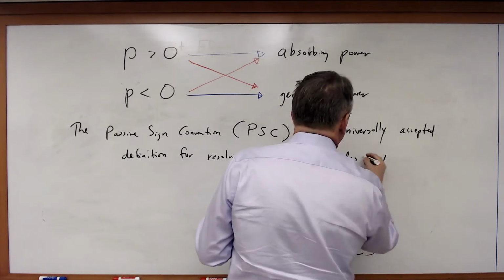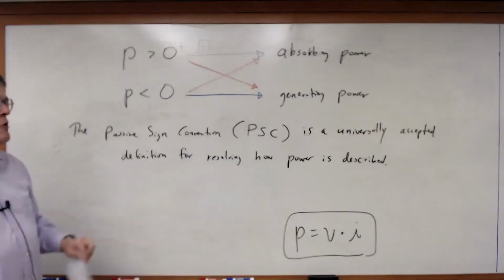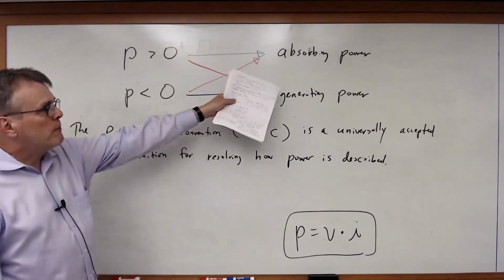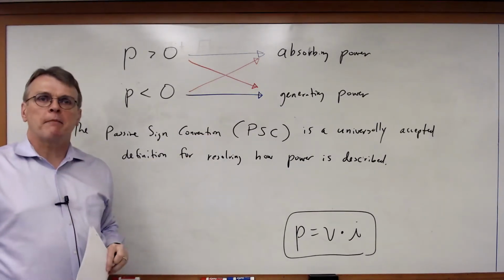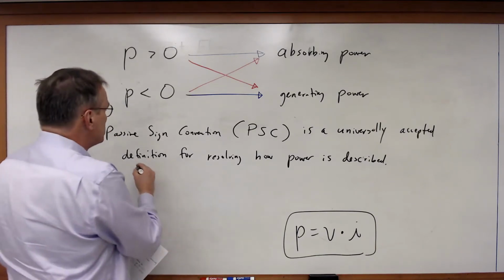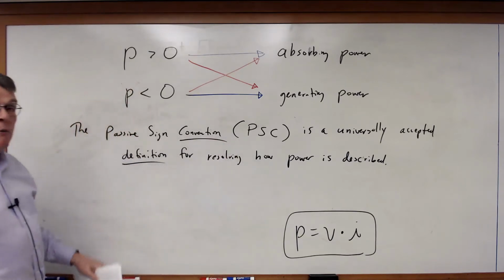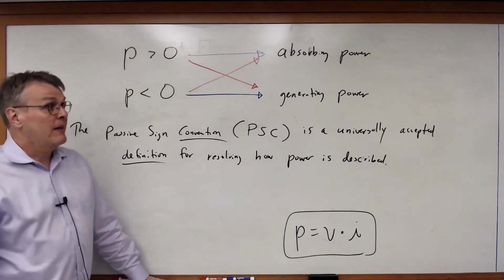So the passive sign convention gives us a universally accepted definition for resolving how we describe either power that's absorbed or power that's generated by an element. Now, I should emphasize, it is a convention, okay? So it's how we define it, how we choose to define it.